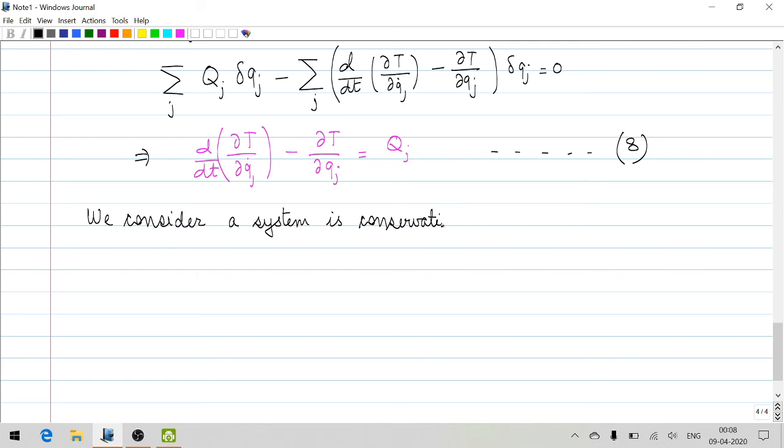So in the conservative system, force is a function of the gradient of potential. So we just write it as minus of dV by dr. So V is the potential energy of the particle out here.